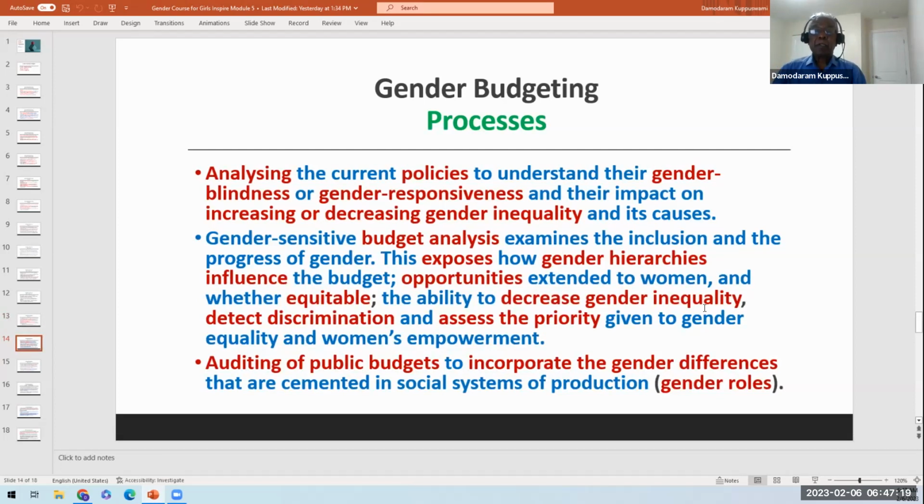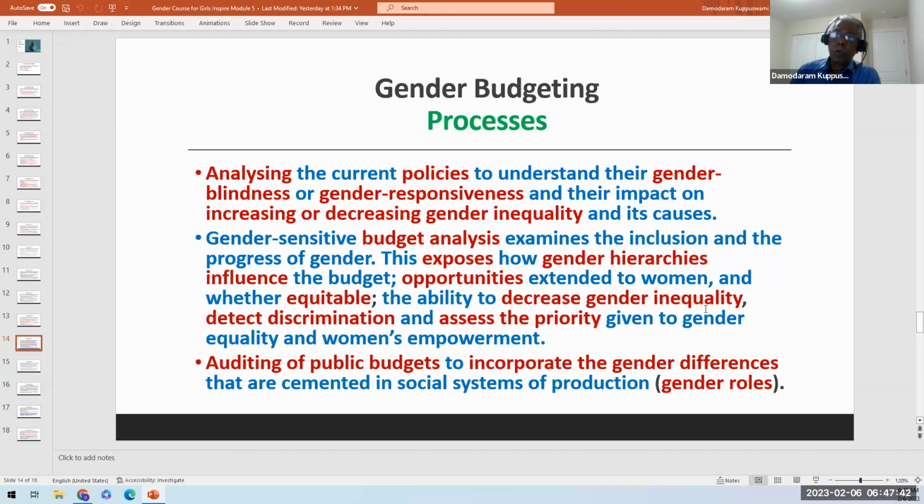In terms of gender advocacy, we need to look at the existing policies and budgets, and how gender blind or how gender responsive they are. We'll come to the continuum of gender in the next session, but there is something which ignores gender and something which considers a gender perspective and gender equality.